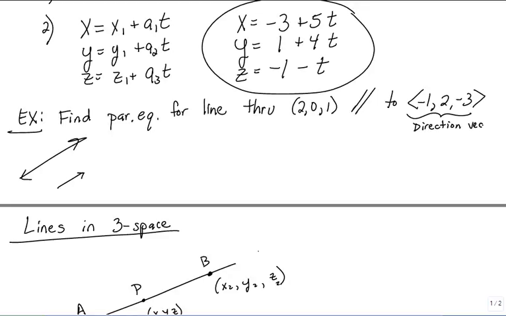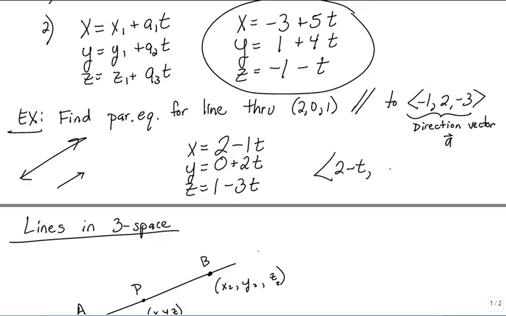So that's our a. Then all you have to do is go x is x1 plus a1t, so 2 minus t, y is 0 plus 2t, and z is 1 minus 3t. So we have these parametric equations for the line. You can let t be anything, and that will give you a point on the line.